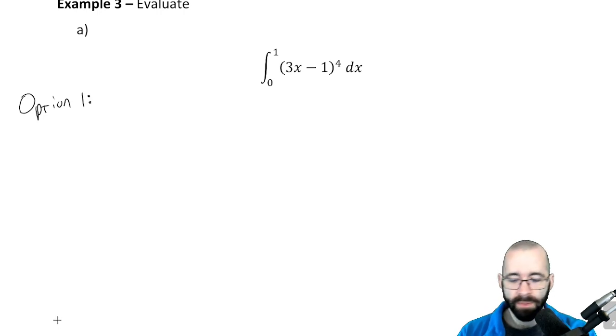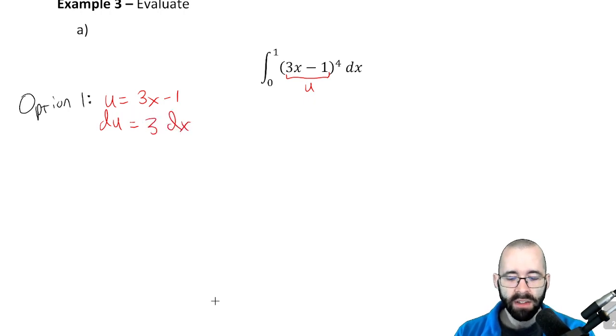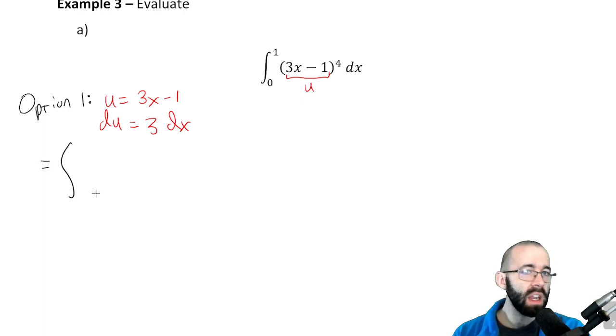What does that look like? Both options will have u be equal to that. So u is 3x minus 1. So du is the derivative of u times dx. So we have the integral, and we're going to have u's and x's floating around.